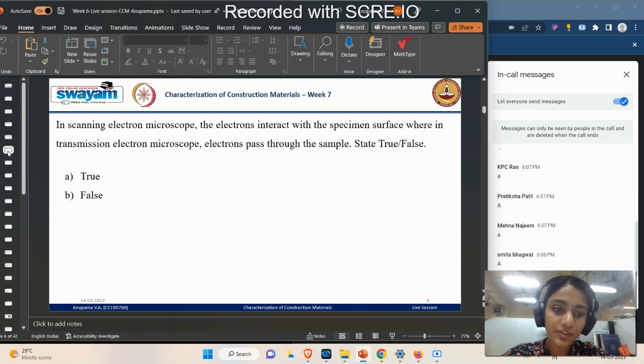Whereas in the case of transmission electron microscope, they do pass through the sample. What about others? I have received two responses.